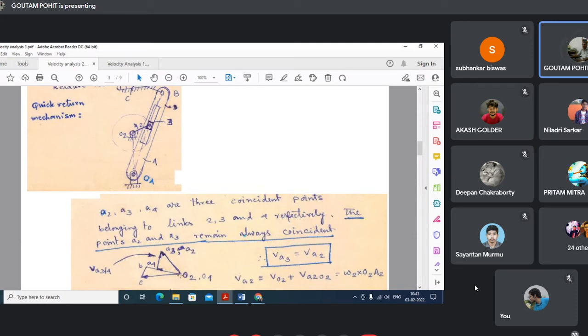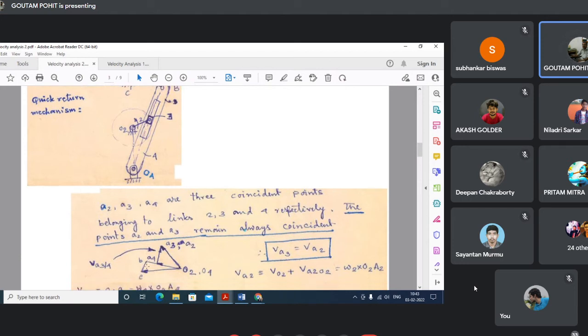That means its direction will be along this direction. We find the point B using this proportion: O4B divided by O4, this point, will be equal to this by this. So with this proportion we can find out the point B. Got it?